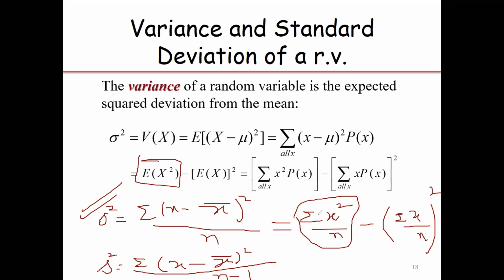Both formulas are identical, because we are adding the x squares and then dividing by n. It is known as the mean of x square. I am writing the mean by expected value: mean of x square, minus the square of the mean of x. So you have both versions, and you can use either of them to compute the variance.